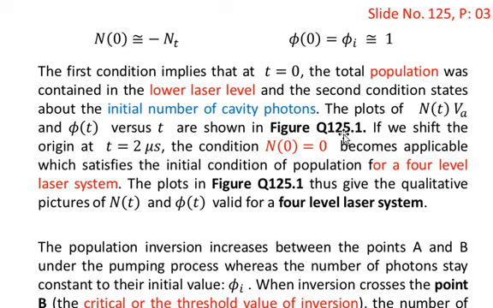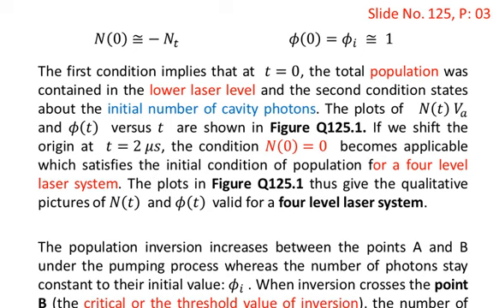So two plots have been shown in figure number 1. If we shift the origin to time t equal to 2 microseconds, the condition that the population inversion will be zero initially, that is at time equal to 0 the population inversion is 0, becomes applicable, which satisfies the initial conditions of population for a 4 level laser system.